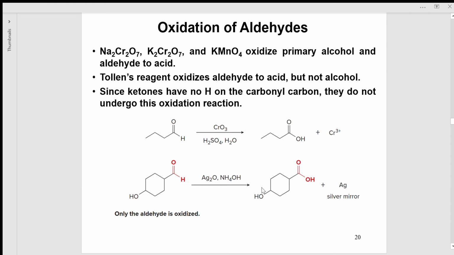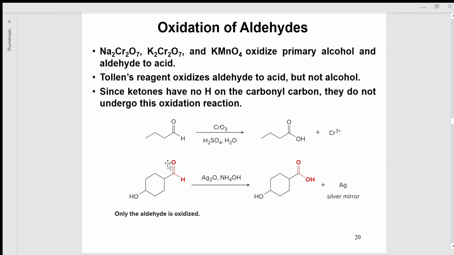So we can use chromate or permanganate as a very strong oxidative reagent. In acid condition, we can oxidize aldehyde into acid. A second reaction is silver oxide plus ammonium hydroxide to do the oxidation reaction of aldehyde only.